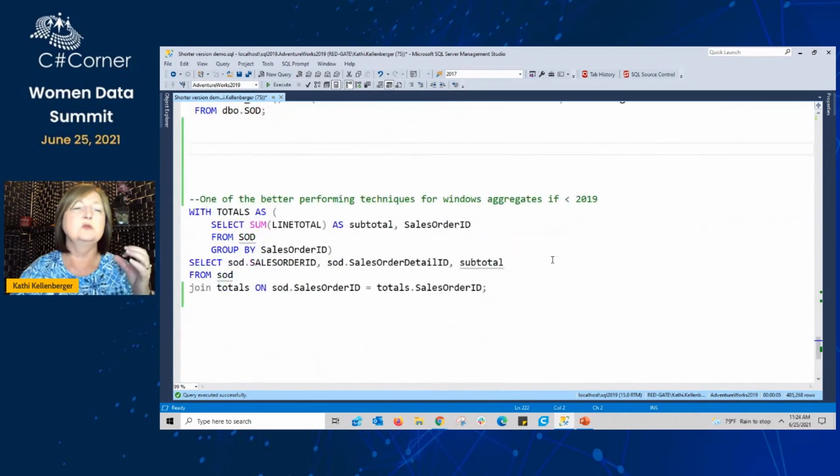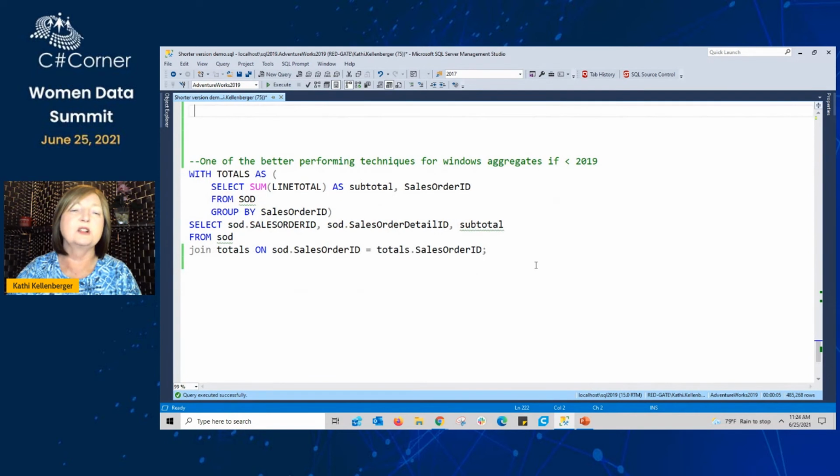If you are not running SQL Server 2019 and you have a need for window aggregates, and I really love using them, you probably should pre-aggregate if you can. Even if you need to use a window function in the outer query, the lower the number of rows, the better.